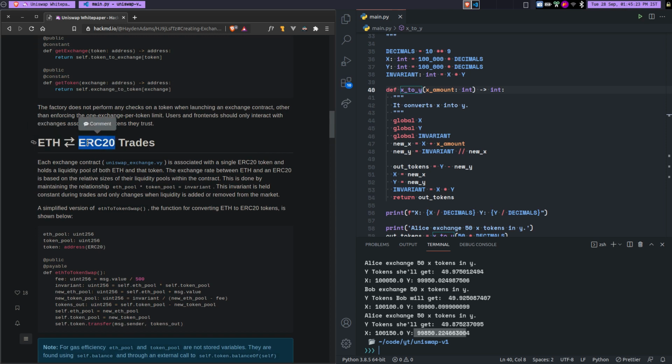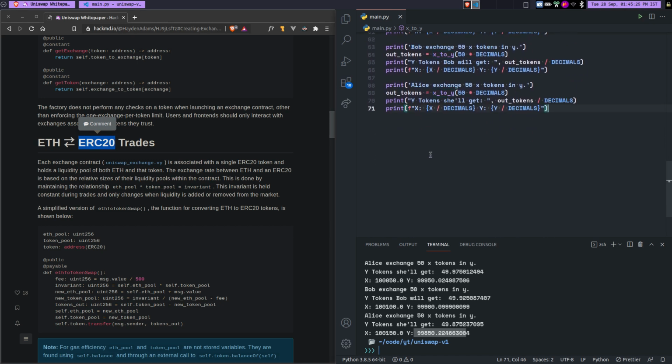So if you want to exchange your ERC20 token into another ERC20 token, you first need to convert your ERC20 token into Ethereum, and then convert that into the other ERC20 token. For example, this was X and this was Y. First you convert your X tokens into Ethereum, and then your Ethereum into Y.